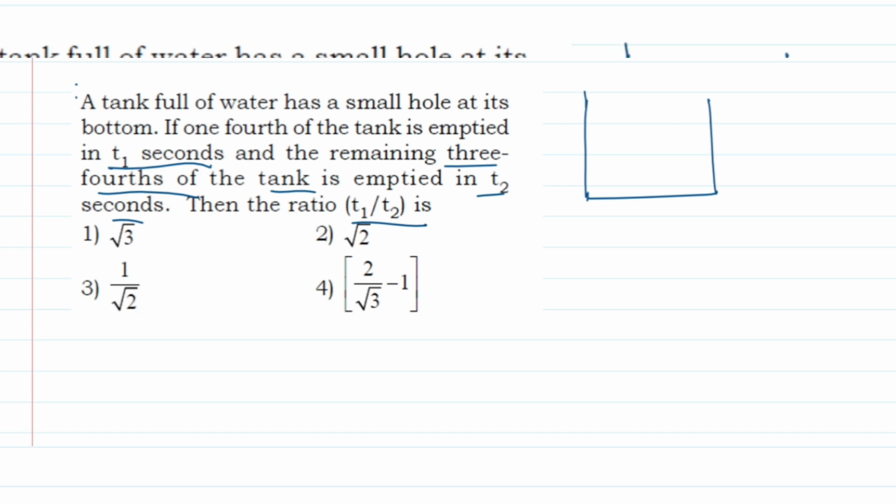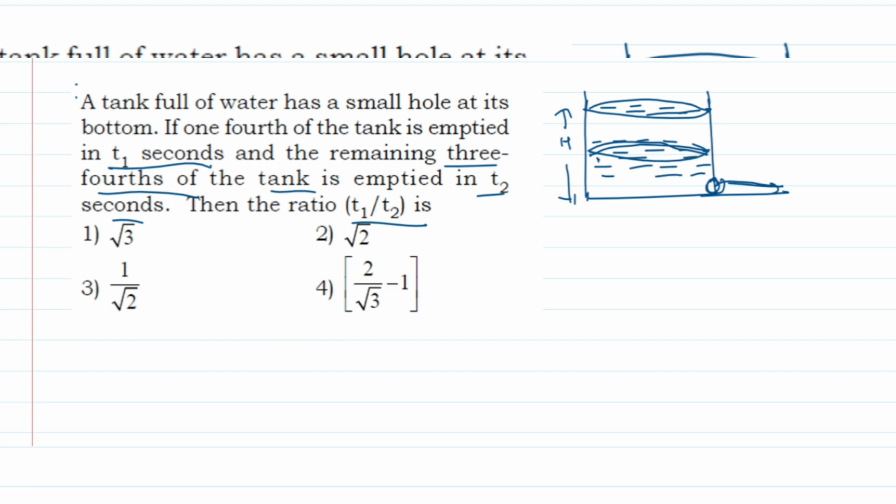If you are taking water in a tank, this is the water height initially, and you are filling up to a height of h. Now an orifice will be there at the bottom, and the liquid is going to be expelled outside. If you want to decrease the water level from height h to this height, you have to consider this height as h dash, from here to here.